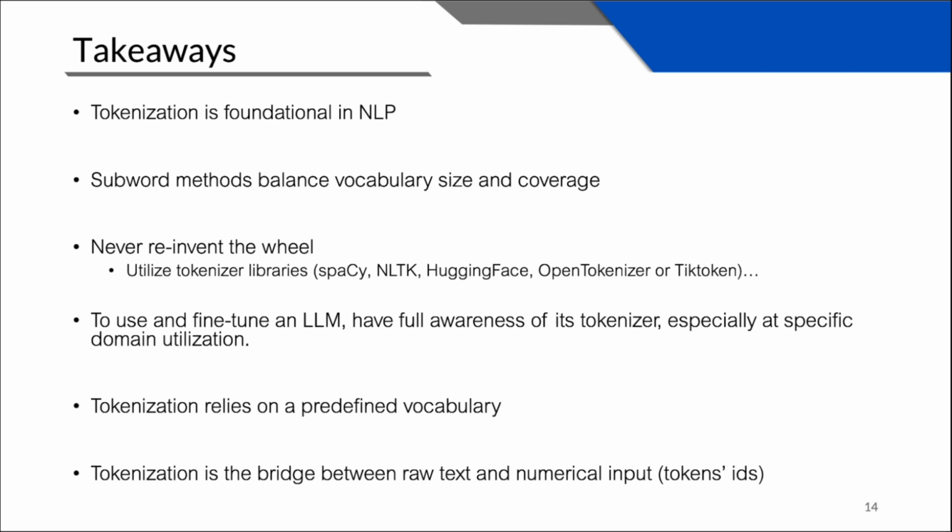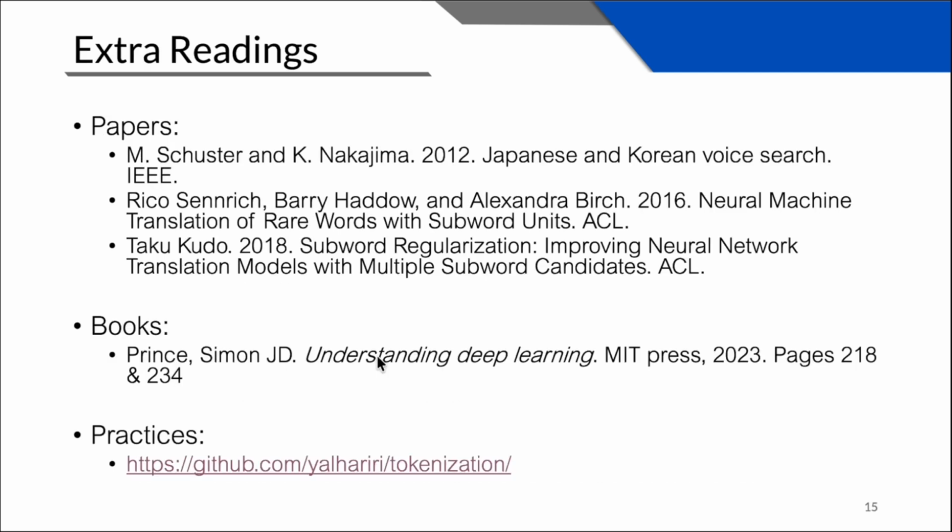To use and fine-tune an LLM, have full awareness of its tokenizer, especially in specific domain utilization. Tokenization relies on a predefined vocabulary. Finally, tokenization is the bridge between raw text and numerical inputs, the token IDs with which the model will work.